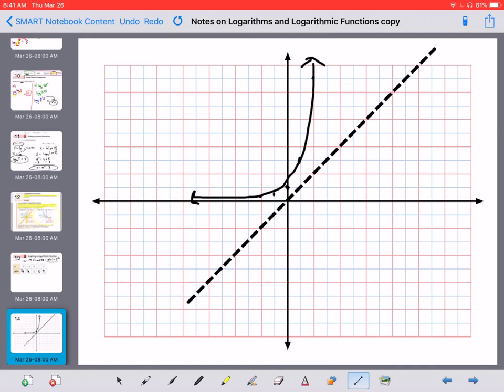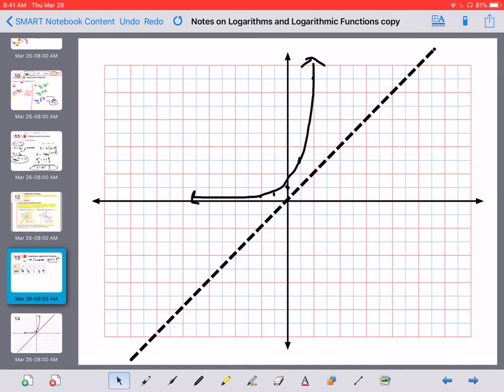Okay, that's pretty close. Let me just extend this out a little more. Now we can go ahead and try to reflect these points over, or we can remember that in an inverse, you just switch the x and the y.